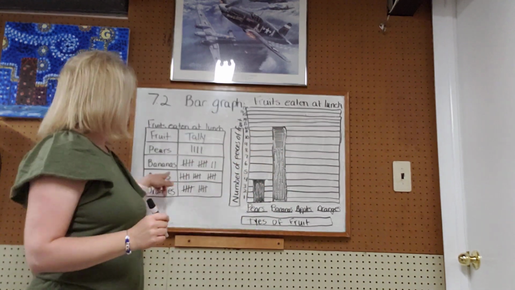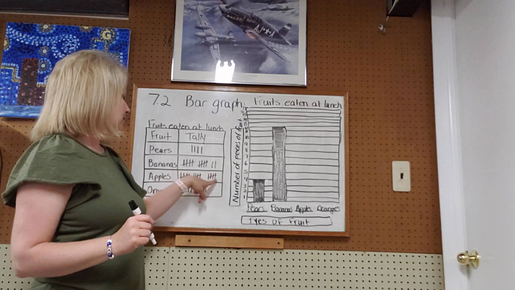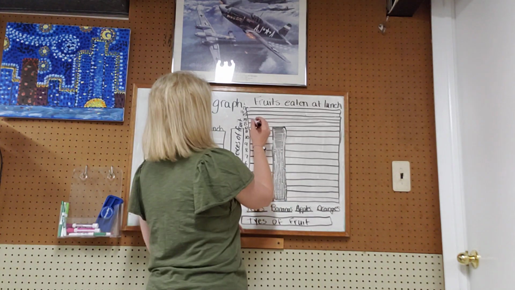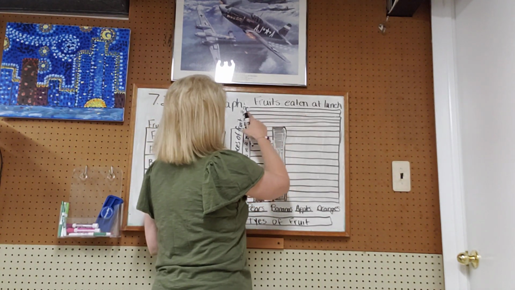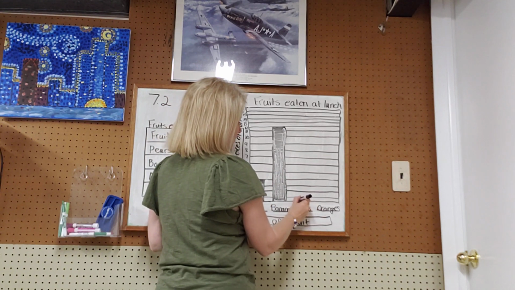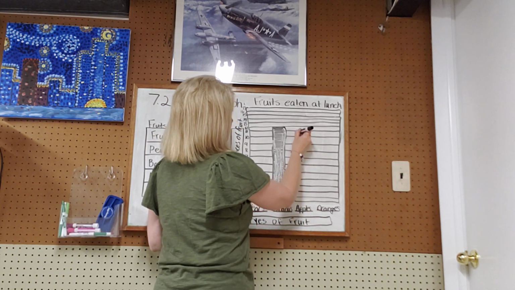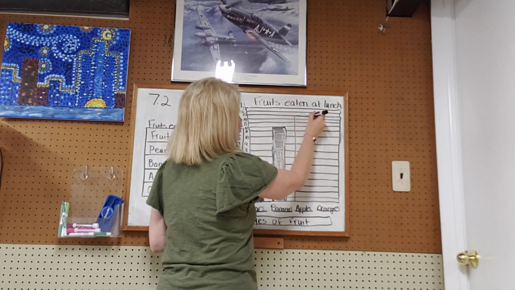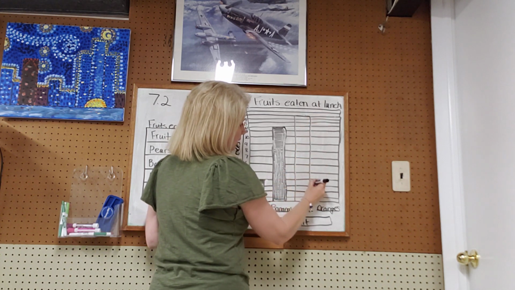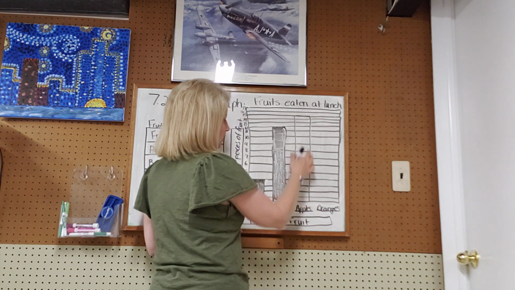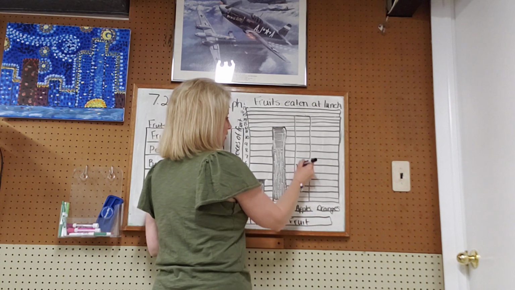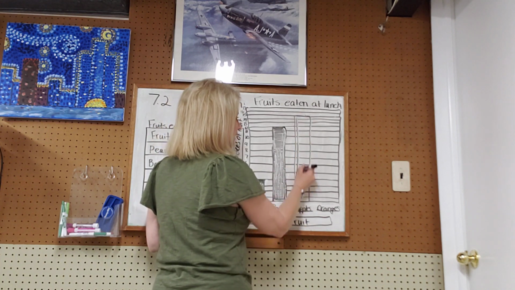Okay? Apples. 5, 10, 15. Oh, I was wrong. It did end up 15. I thought the other one was 17. So let's go up to 15 now. Do your rectangle. See how it's a big rectangle? And you're going to fill this one all completely in.